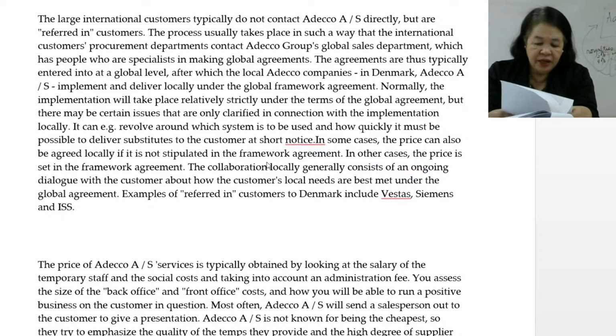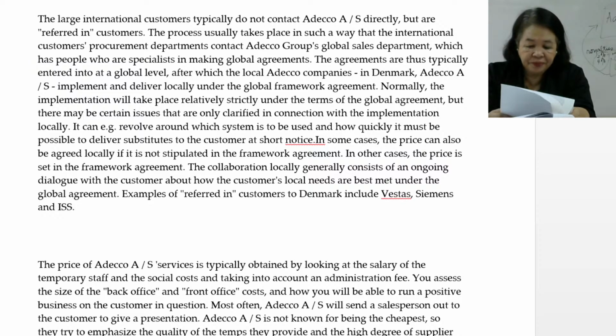So it can revolve around which system is to be used and how quickly it must be possible to deliver substitutes to the customer at short notice. So in some cases, the price can also be agreed locally if it is not stipulated in the framework agreement.